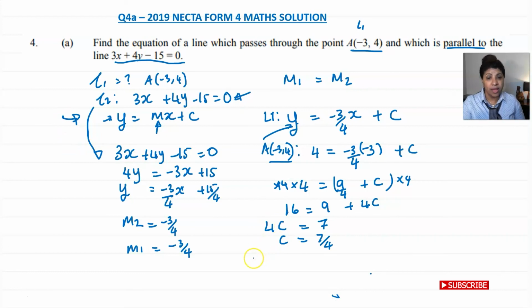So for L1, the equation of this line is y = -3/4 x + 7/4. So this is the equation of the line that is going through the point A (-3, 4).